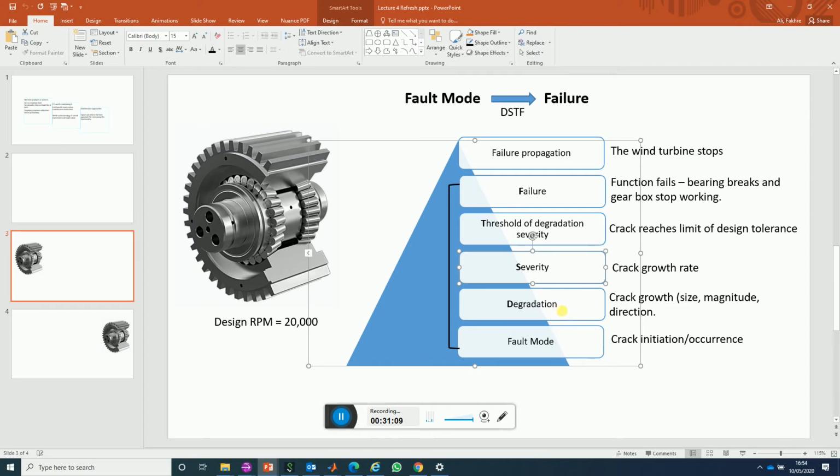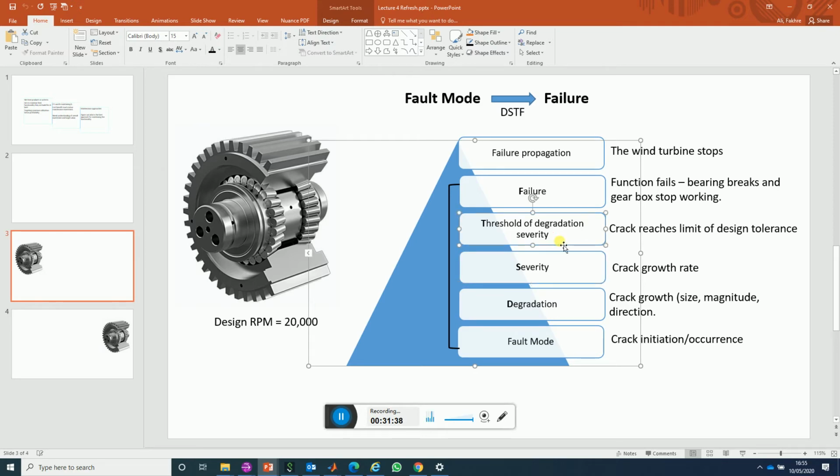It will go up to 1 millimeter, it will go up to 2 millimeters, it will go up to 3 millimeters, and the severity of this degradation will increase. Okay, and this severity will effectively lead to the severity that we have designed as design tolerance, which is, let's say, 5 millimeters for the turbine blade.